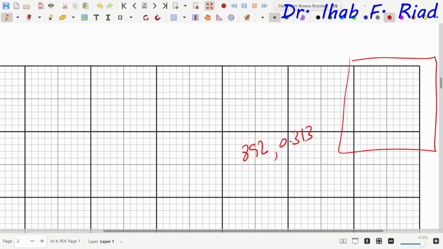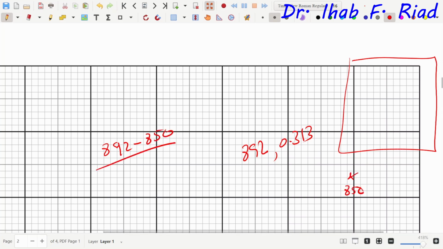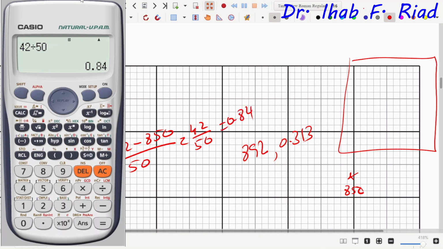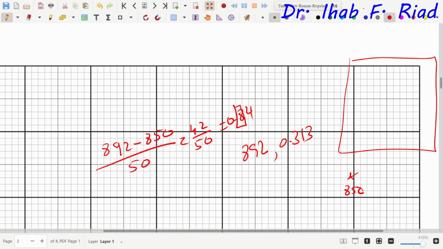Okay, how are we going to represent 892? We do the math. 892 minus the closest to it, which is 850, and we divide by 50. It is going to be 42 divided by 50. We get 0.84. So 8 small squares and a little bit away from the 8th mark.